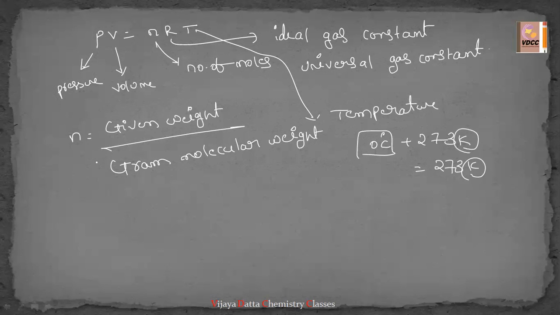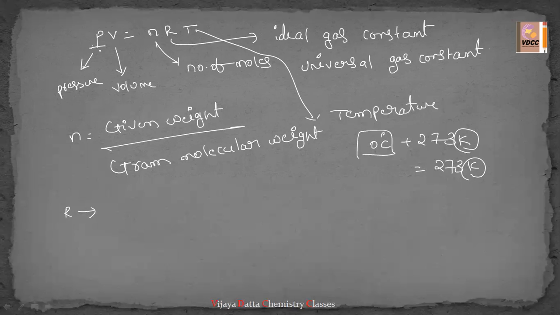Now come to the R value. The R value changes when the units of pressure and volume change. If you take pressure in atmospheres and volume in liters, then R will have a value in liter atmospheres.